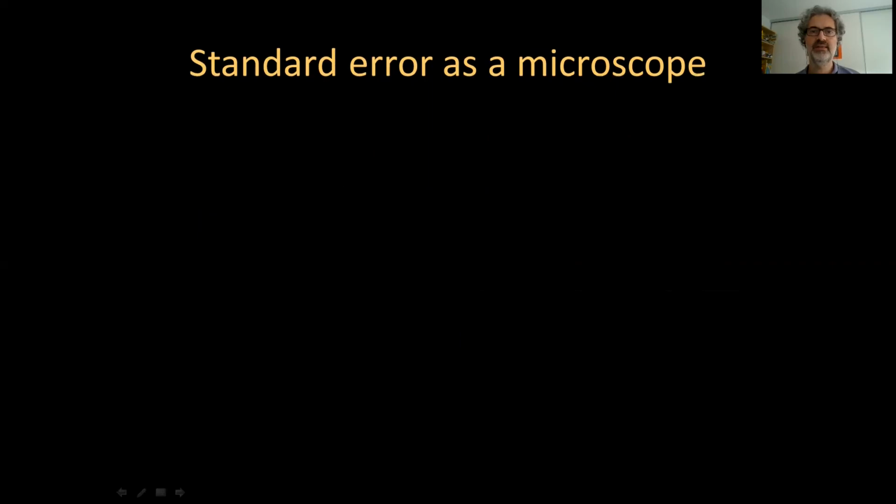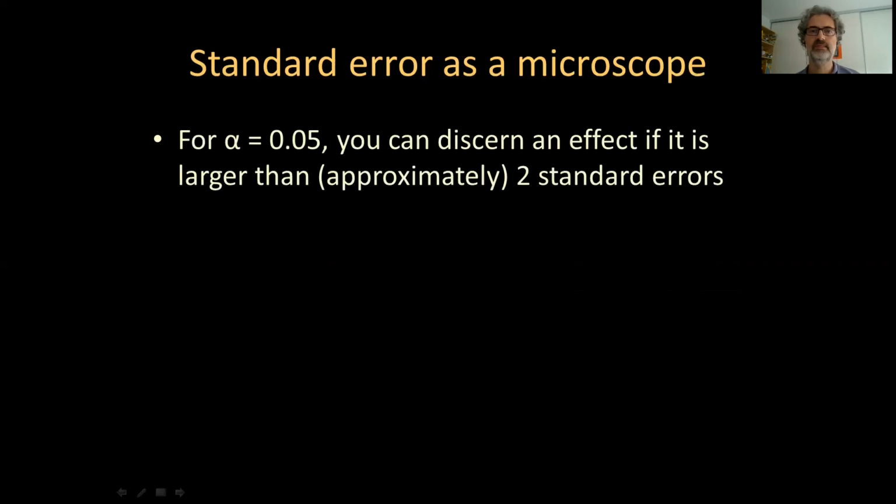The way to understand that may be to think of standard error as a kind of microscope that can be weak or powerful. Let's work through an example. For the usual alpha level of 5%, it is possible to discern an effect, that is a relationship between two variables, if the index of the effect is larger than approximately 2 standard errors.